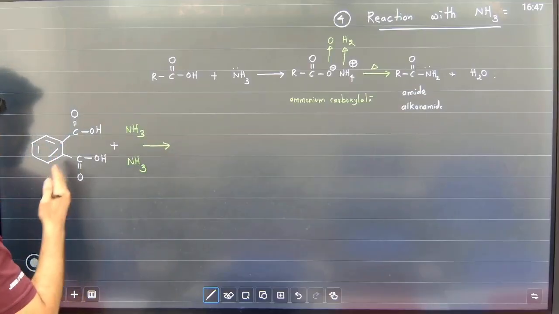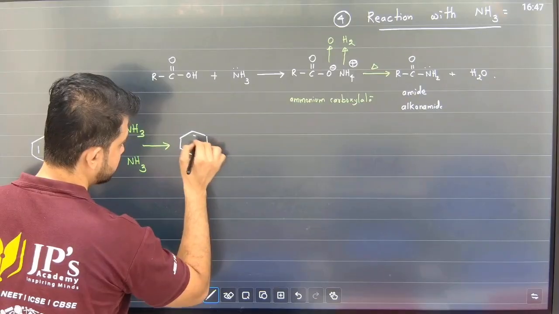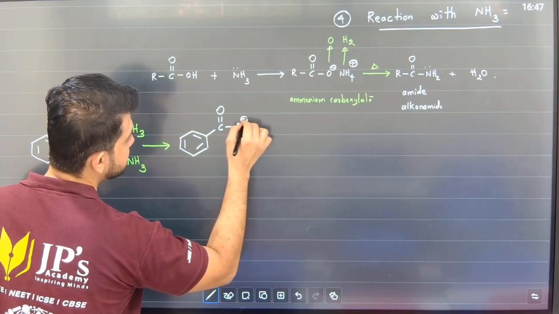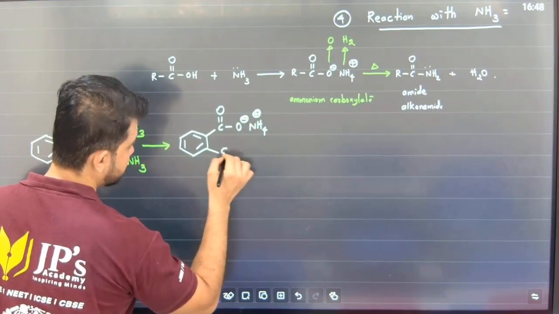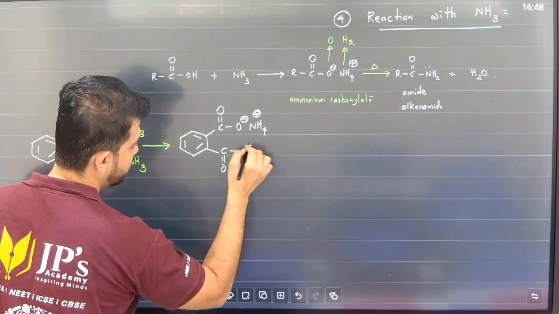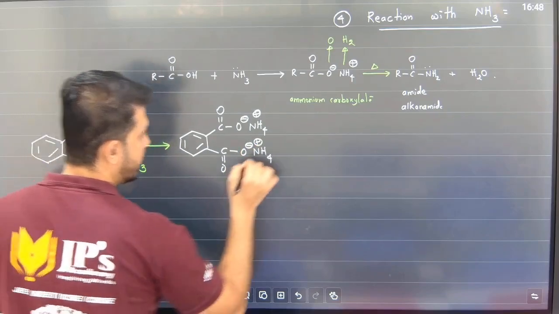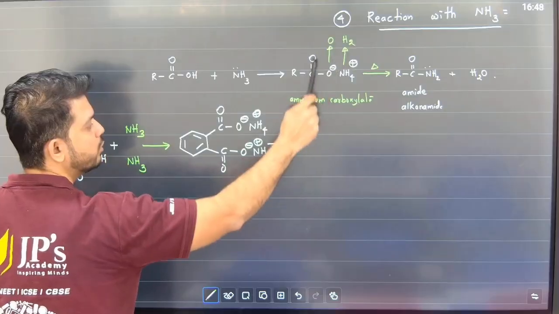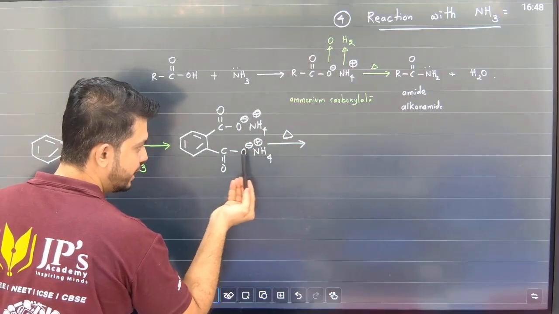So acid plus base will give us salt. O minus NH4 plus, C double bond O minus and NH4 plus, this on heating, just like H2 and O from here, यहाँ पे भी H2 and O, यहाँ से भी we will remove H2 and O.